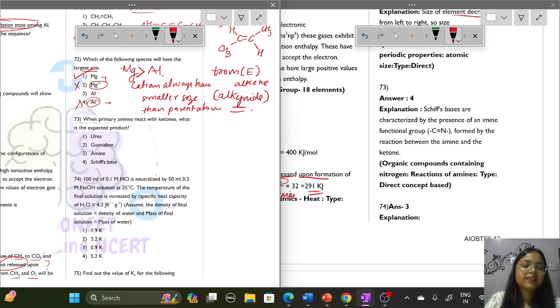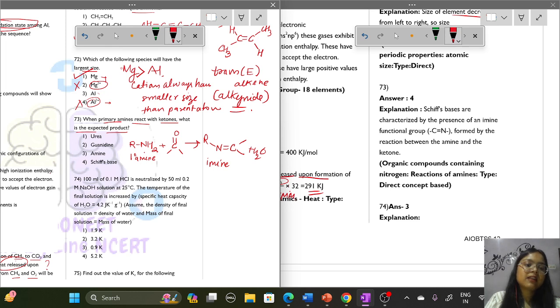For question number 73, when primary amine reacts with ketone, what is the expected product? Let us see the reaction. RNH2 is the primary amine, or you can say 1 degree amine. When it reacts with ketone, it will give imine as the product and water as a byproduct.